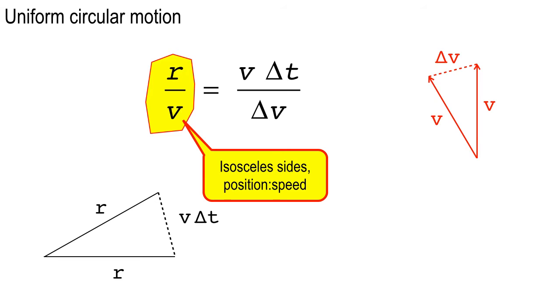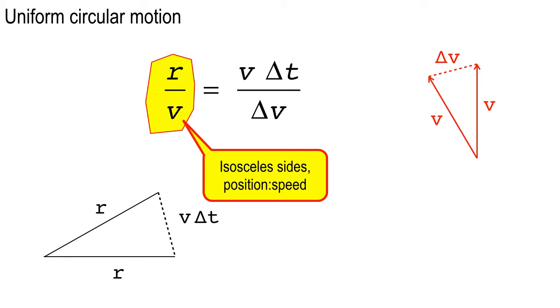So this is position over speed. Position triangle over velocity triangle. And in specific terms, it is the isosceles sides. So that's the ratio.